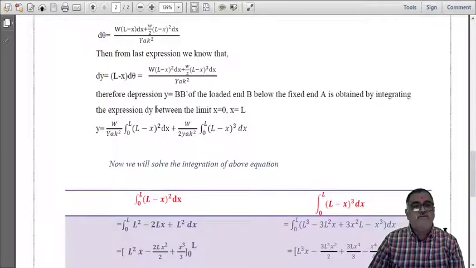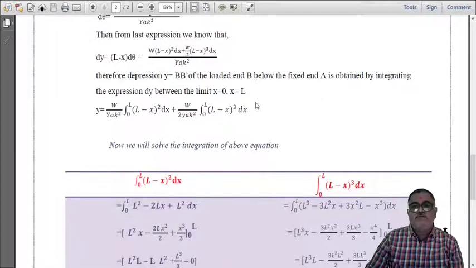Therefore the depression, from that diagram we know y is the depression, and it is nothing but the BB dash of the loaded end B below the fixed end A, obtained by integrating the expression for dy between the limits x equal to 0 and x equal to L.